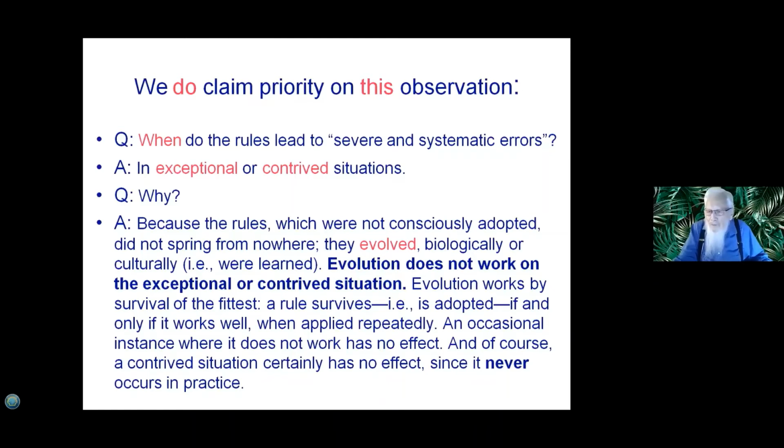If you do a survey or an experiment in behavioral economics, it's contrived, it's in a scenario which never happens in real life, so you're not going to learn it, it's not going to evolve. And the reason that these rules or heuristics or biases evolved is because doing game theory and economics by logic and by figuring out what's good for you is much too complicated for any of us.